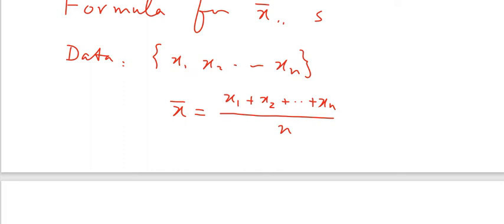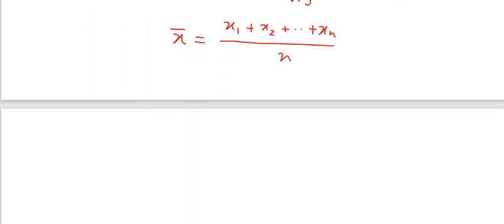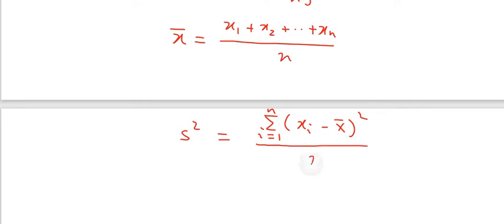And then the sample standard deviation, or sample variance. The sample variance s squared equals the summation of xi minus x bar squared, with i from 1 to n, like x1 minus x bar squared plus x2 minus x bar squared and so on, then divided by n minus 1.